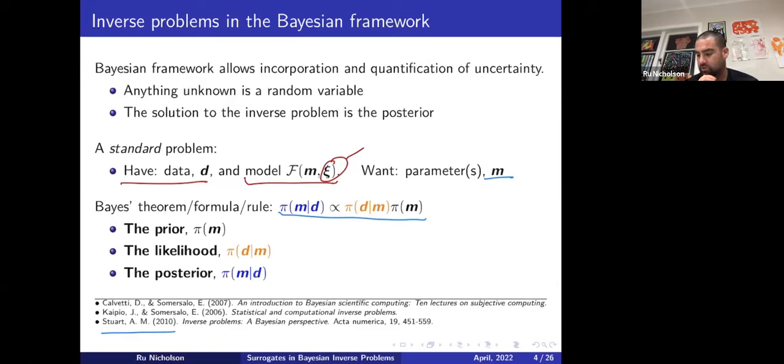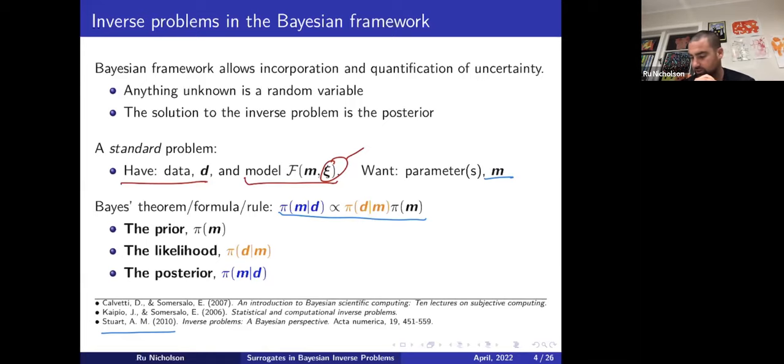The only thing that one needs to be careful of in that situation is making sure that we're working in the right kind of spaces. So often what comes up is weighting inner products by mass matrices and things like that. Okay, and so there are some very good and very standard references on inverse problems in the Bayesian framework.